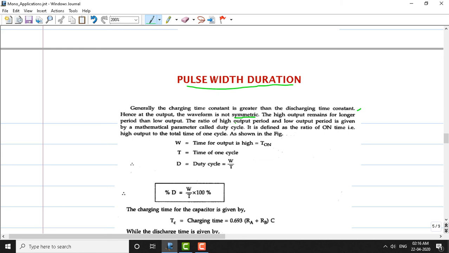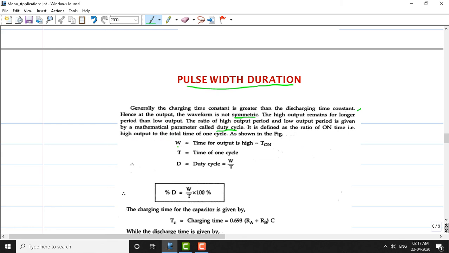The ratio of the high output period to the total period is given by a mathematical parameter called the duty cycle. It is defined as the ratio of on time, that is high output, to the total time of one cycle.